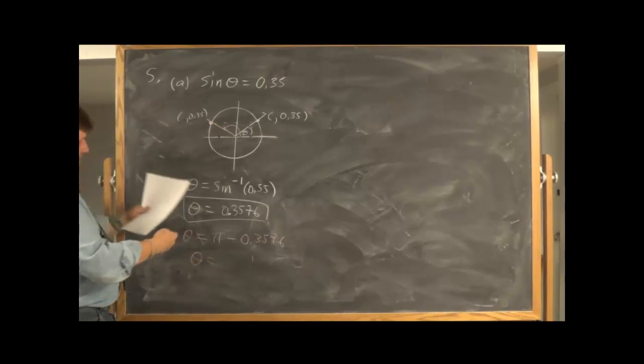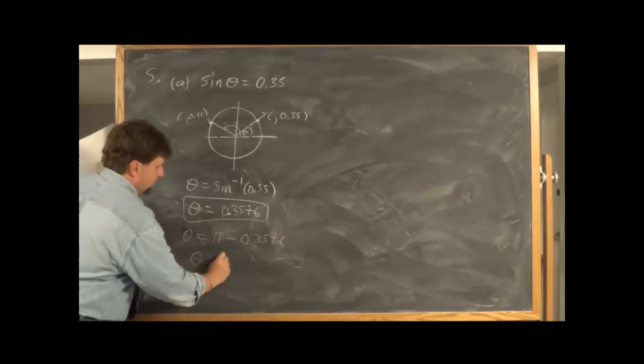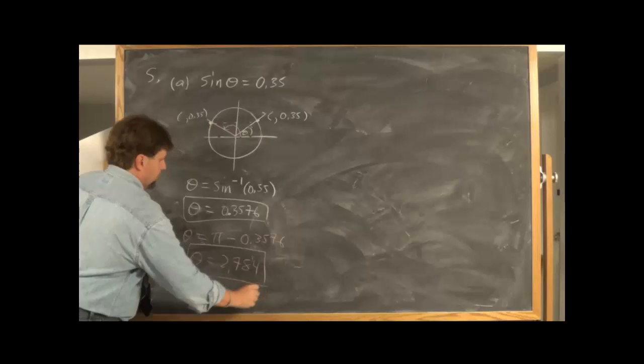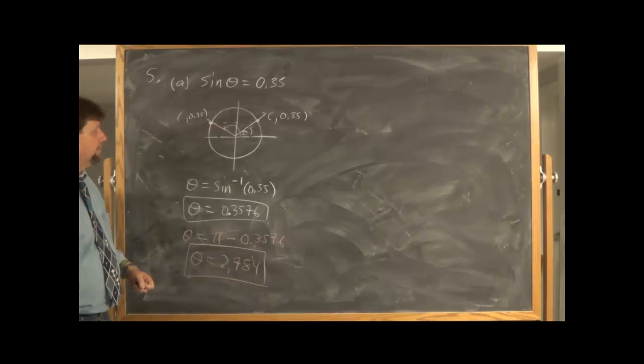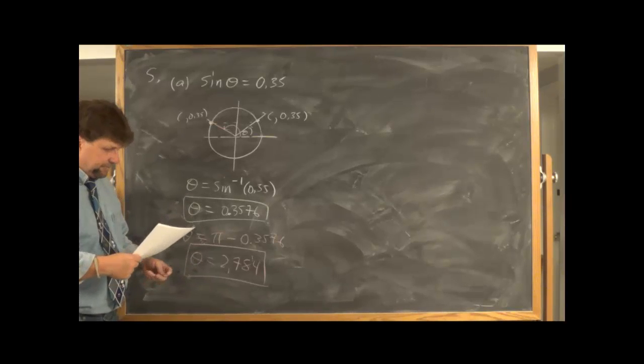Pi minus 0.3576 is, I'm going to say, 2.784. So those are the 2 solutions to part A. You need to use your calculator. Make sure your calculator's in radian mode.